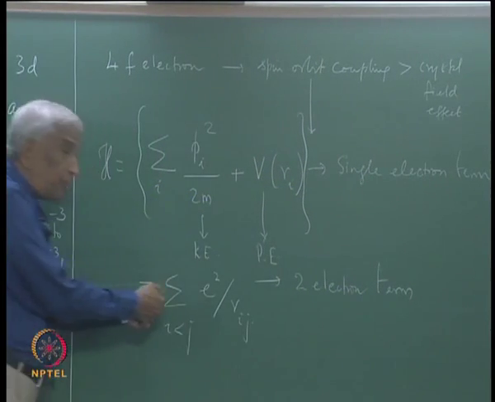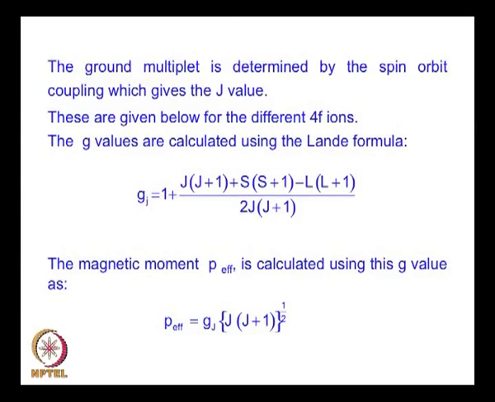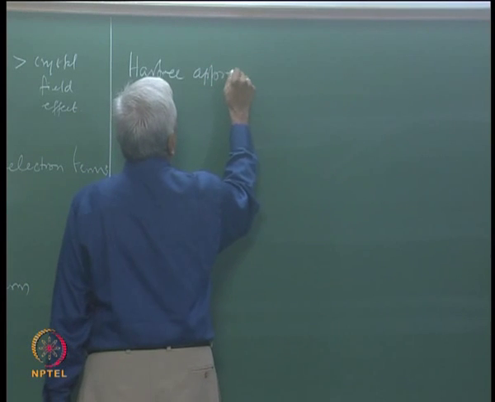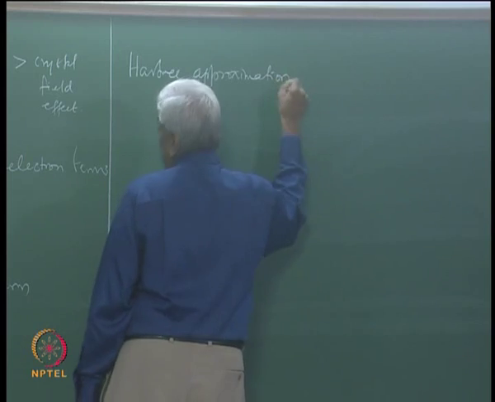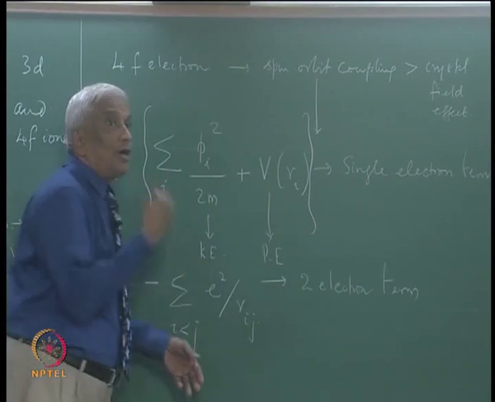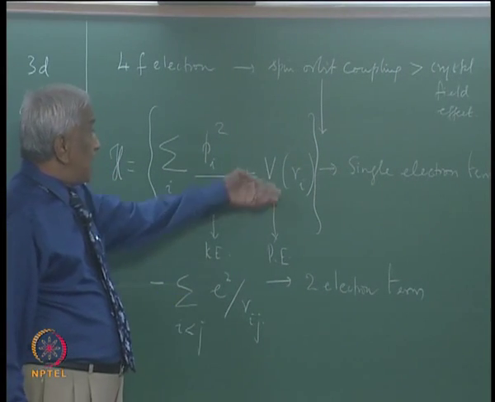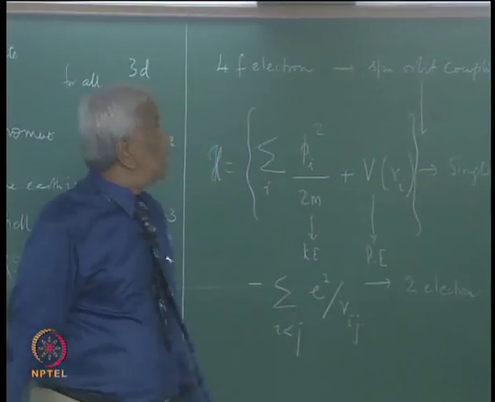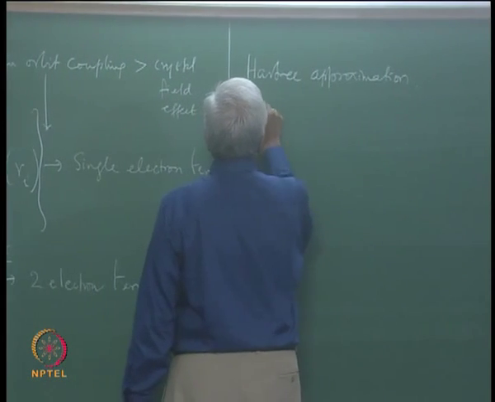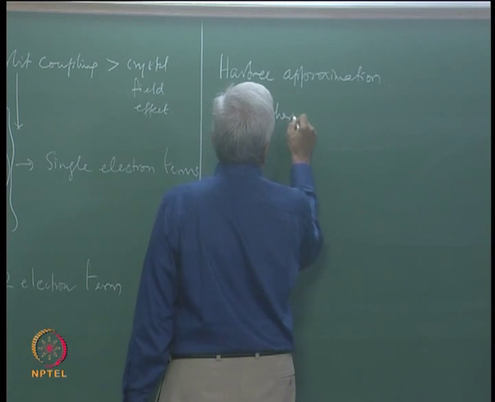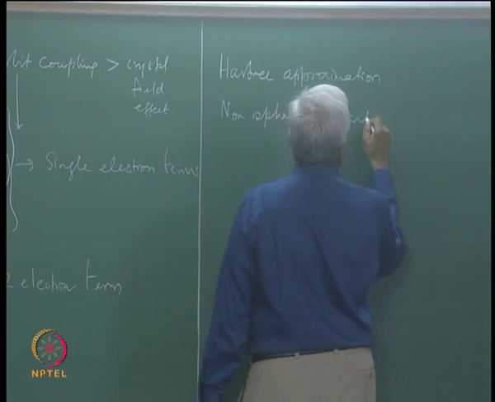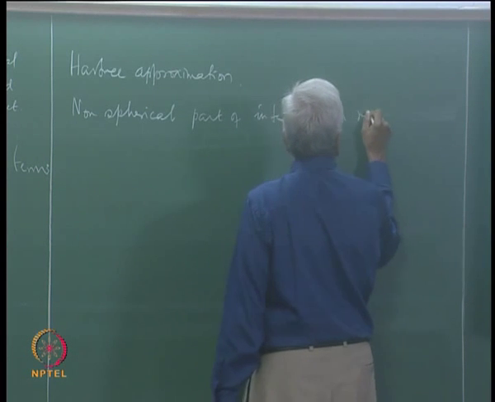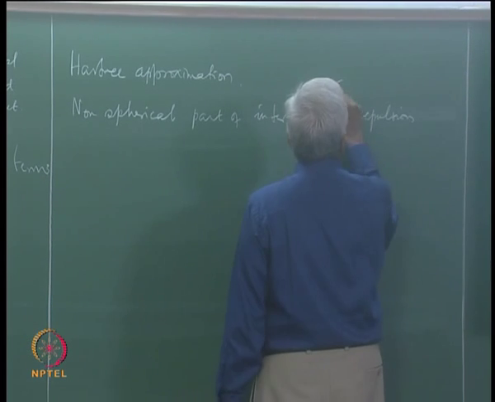So, this couples the individual electrons, and the Hartree approximation considers the spherical part of this inter-electron repulsion and adds this on to the single electron potential energy, so that we get a hydrogen like ground state, but there will be a non-spherical part of the Coulomb repulsion.